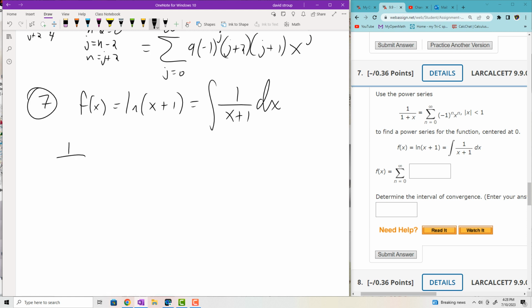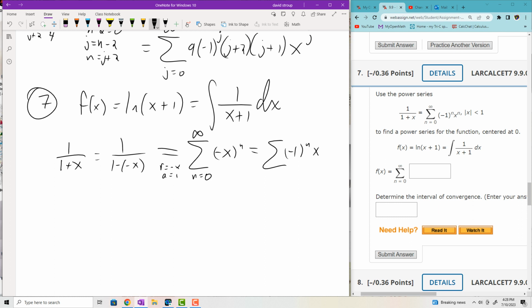1 over x plus 1 is the same as 1 over 1 plus x. And of course, we could rewrite that as 1 over 1 minus negative x. So our r is negative x, and our a is 1. So this will be the sum of negative x to the n. I'm going to rewrite that by factoring out the negative portion, so this will be the sum of negative 1 to the n times x to the n, n equals 0 to infinity.